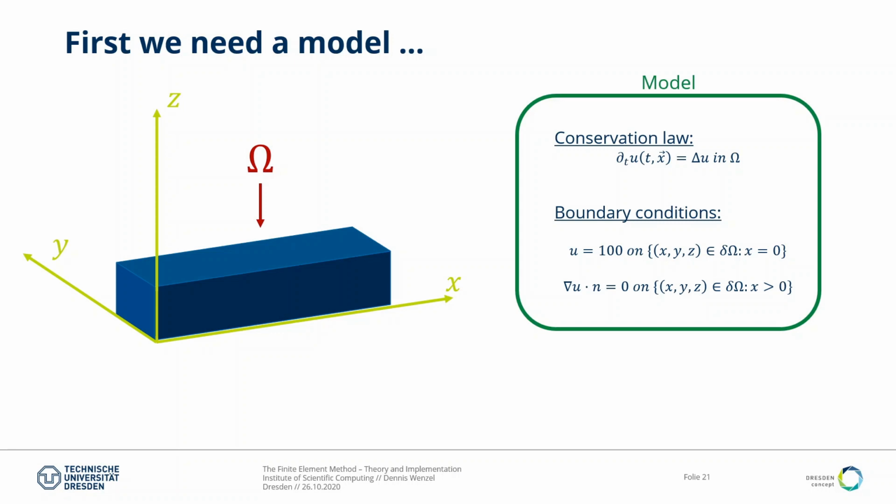Inside of this brick, we use a conservation law that's written here, saying that the time derivative of our quantity u, so u meaning in this case our temperature, at a certain time and point. This is also the only time in this whole lecture that you will see me writing an arrow above the x variable.